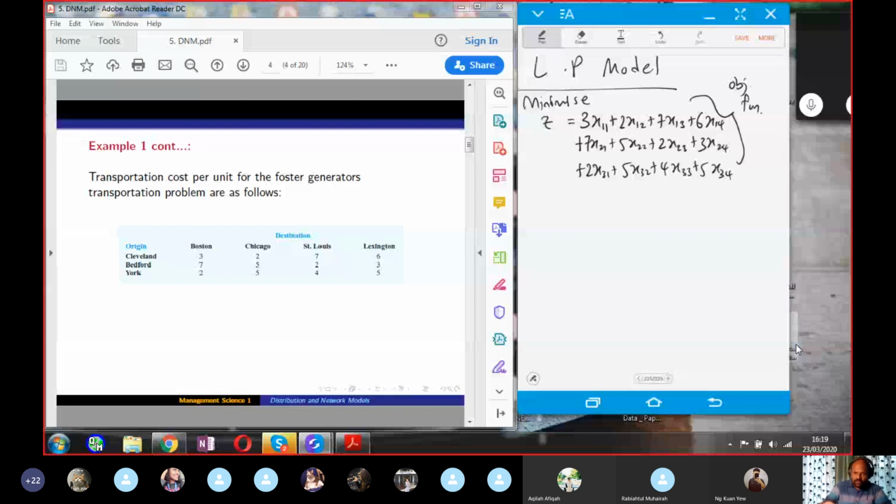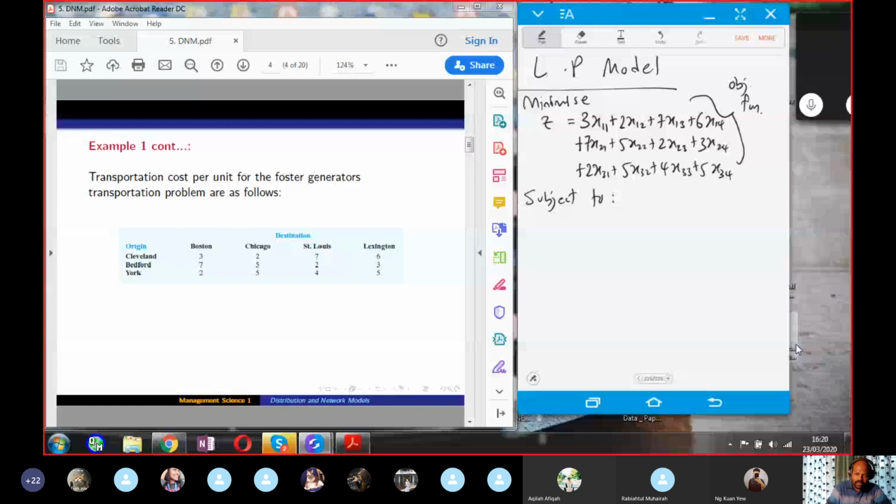Now, again, for the linear programming model, we need an objective function. Next, what do we want? We want constraints. What are the constraints related to this? The first part of the constraints is related to supply.